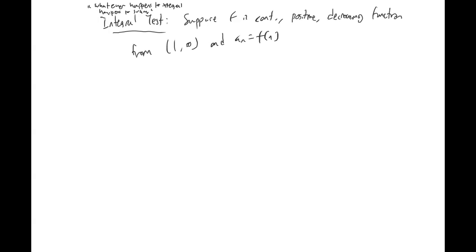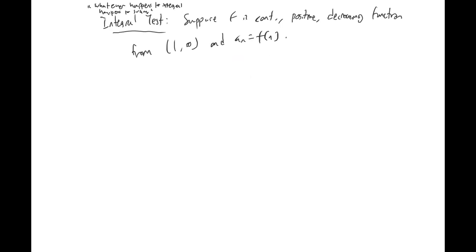So a_n being f of n just means you replace the x with n. Like if f of x was sine x, then a_n is sine of n. Obviously, this function will not satisfy the criteria because it's not positive from 1 to infinity. But that's what we mean by a_n is f of n.